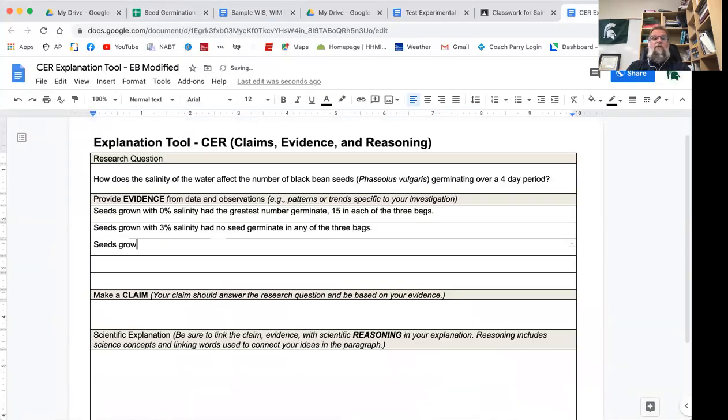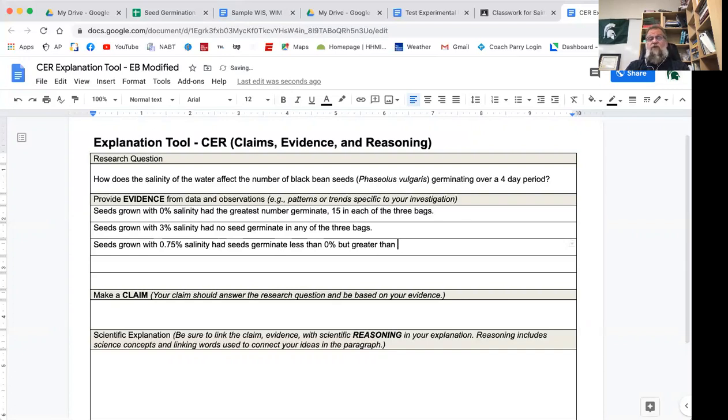Seeds grown with half a scoop, which worked out to be 0.75% salt, had seeds germinate less than 0%, but greater than 3%.